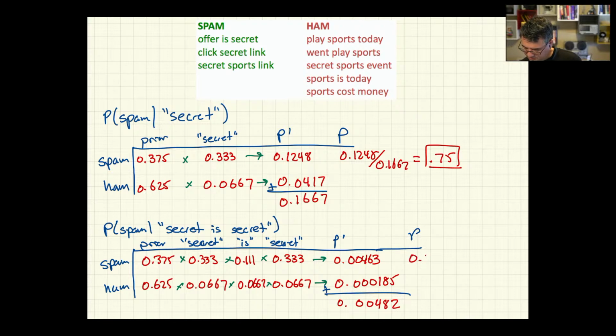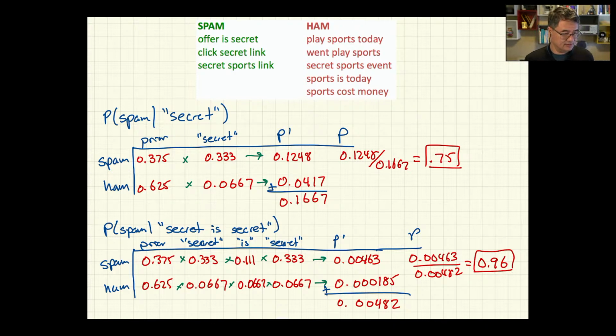Okay, 0.00463 divided by 0.00482, and I get, whoa, 0.96, if I round a little bit. So the message comes in and the message is secret secret.